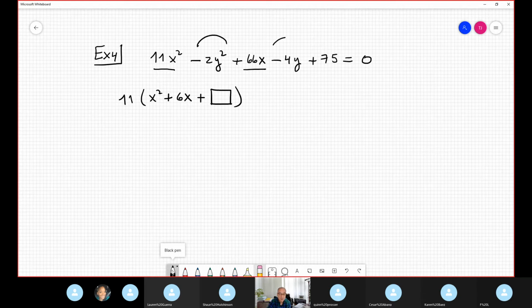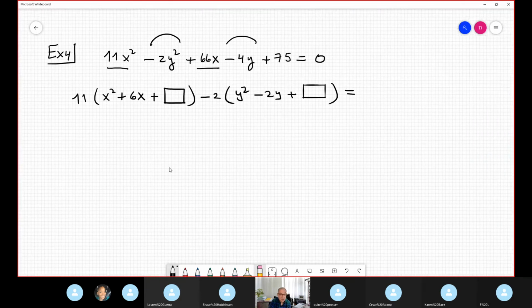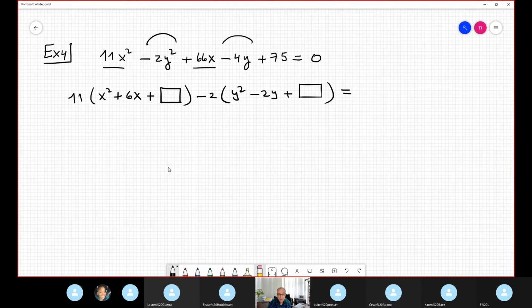And the y part is here, and you factor out minus 2: y squared plus 2y plus another box, because I need to complete the square on both sides. On the right hand side we have 75, because I moved it to the right like a minus 75, and you have 2 boxes.